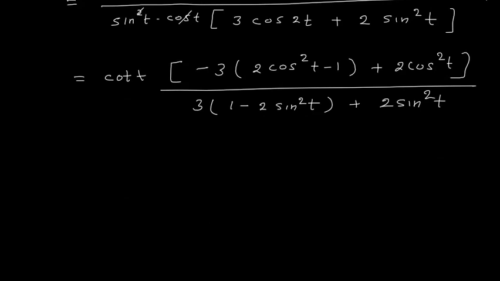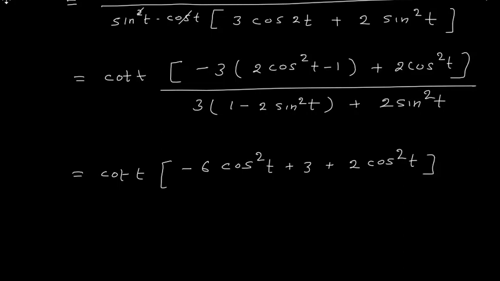So this is equal to cot t into, now when we open the bracket it is minus 3 times 2, it is minus 6 cos square t, minus 6 cos square t plus 3 plus 2 cos square t, right? This divided by, no need to put a bracket like this, we can keep a big bracket.